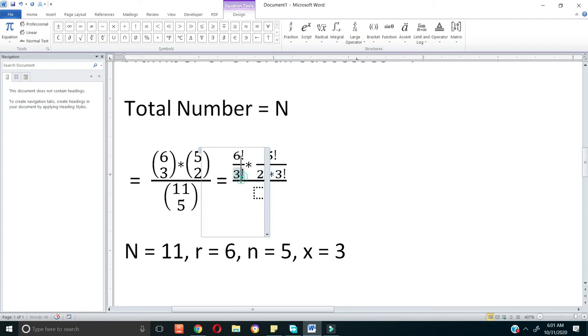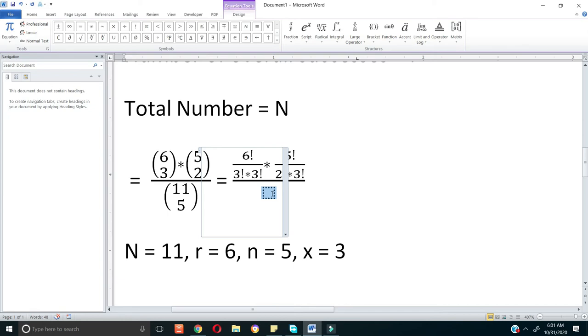So this is 6 factorial over 3 factorial times 6 minus 3 factorial, which is still 3 factorial.